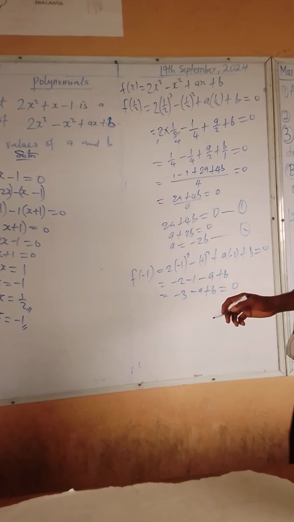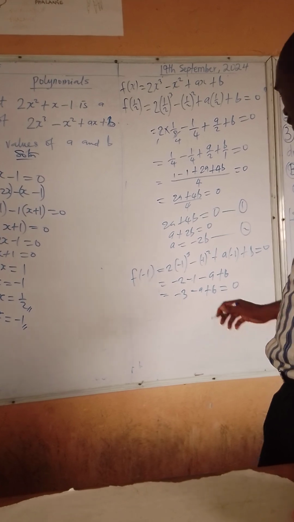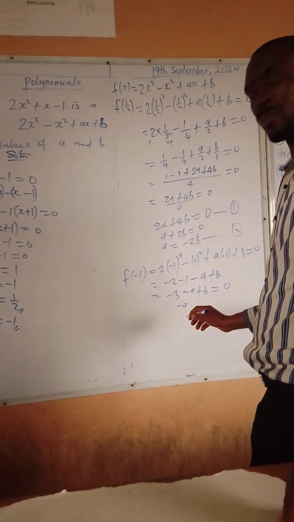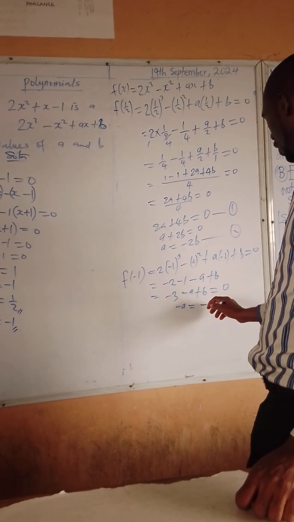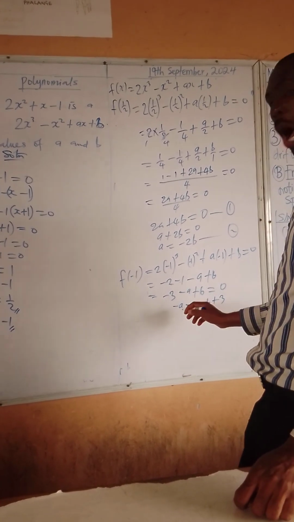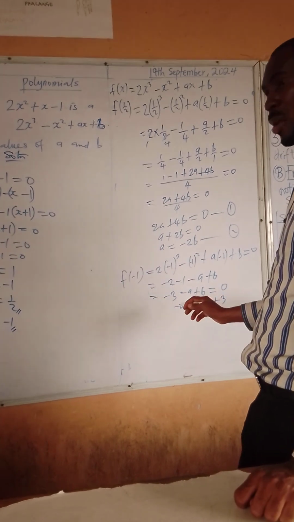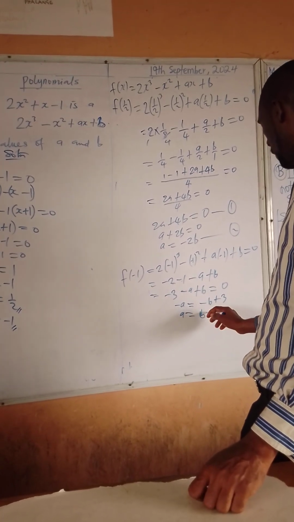Alright? So let us also make A the subject of this equation so that we can equate 1 and 2. Here, minus A will be equal to minus B. This 3 crosses over plus 3, or multiply both sides by minus sign. We have A will be equal to B minus 3.